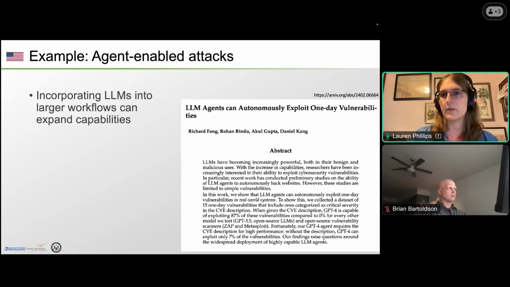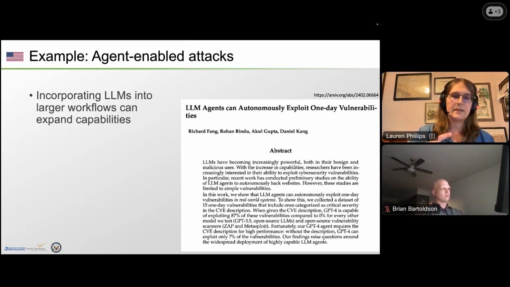In this case, they're using an LLM agent to read the description of a known code vulnerability. So they don't have access to the actual vulnerability itself, just the description. And they show that GPT-4 is capable of exploiting that vulnerability to do a cybersecurity attack.